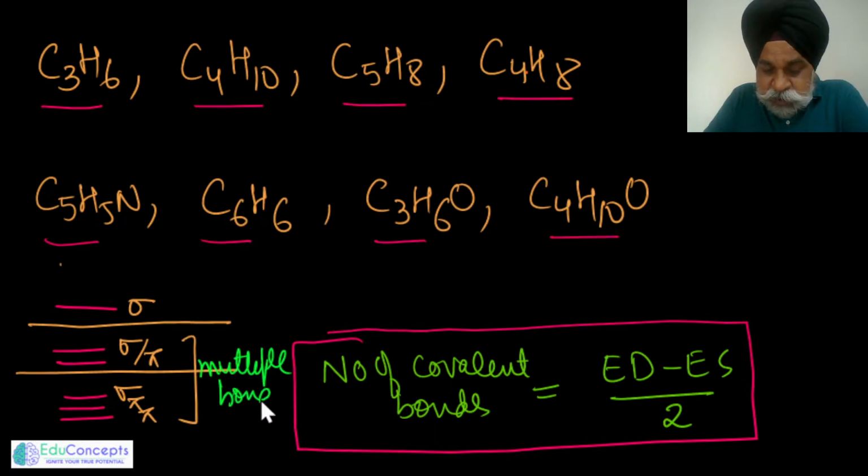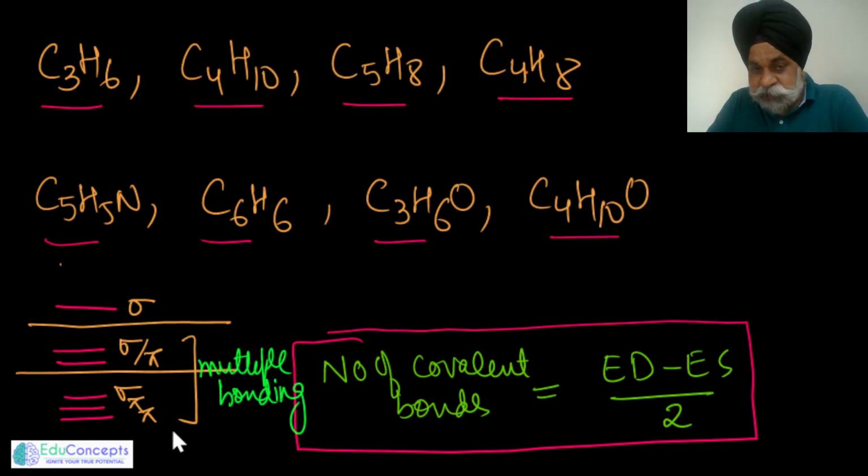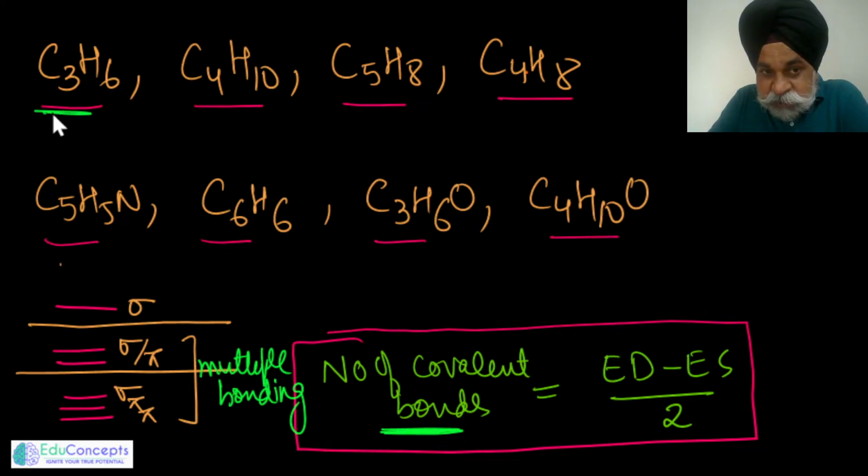Now in today's session we are able to dig deep into this: for the covalent bonds we found by this formula, what types of covalent bonds are possible in these molecular formulas.